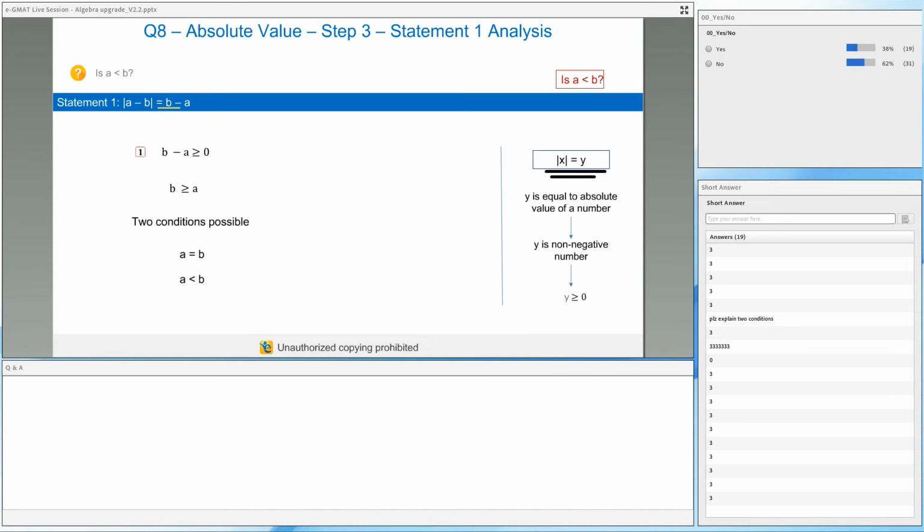Now when you take the second case, when you're saying a minus b is equal to a minus b, what do you exactly mean by that? You are not considering the case when a and b both of them can be equal. When a and b are equal, then a minus b will be 0 and b minus a will also be 0. I hope you understand where we are getting this from.